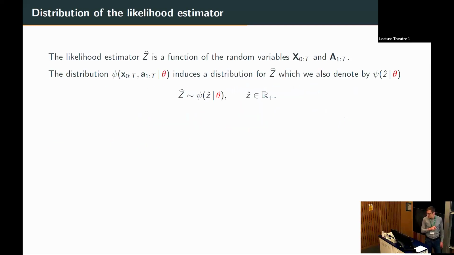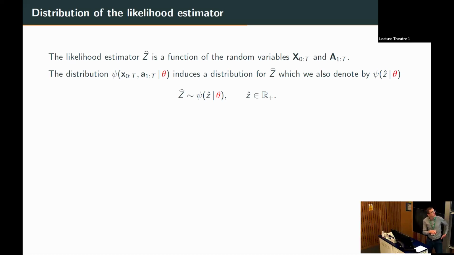As I said before, this likelihood estimator is now a deterministic function of these variables, both the x's and a's. So this means that this distribution psi that we have over x and a also induces a distribution over Z hat. I will use the same notation psi here to denote that as well. But this is now a much reduced distribution in some sense.